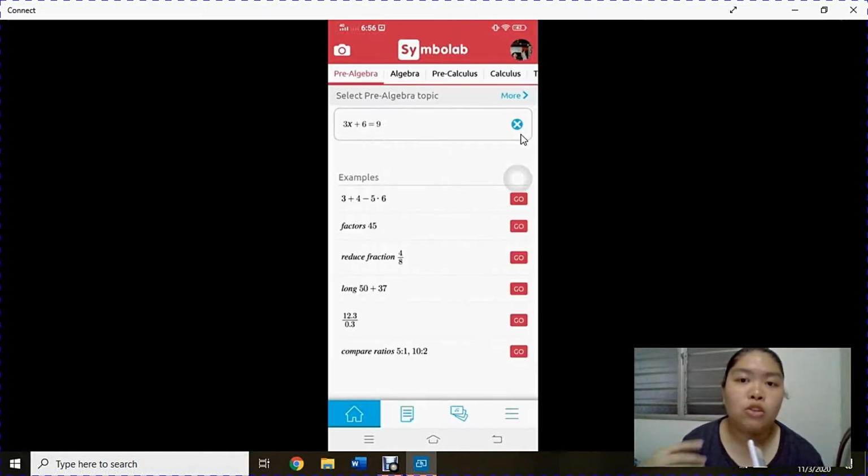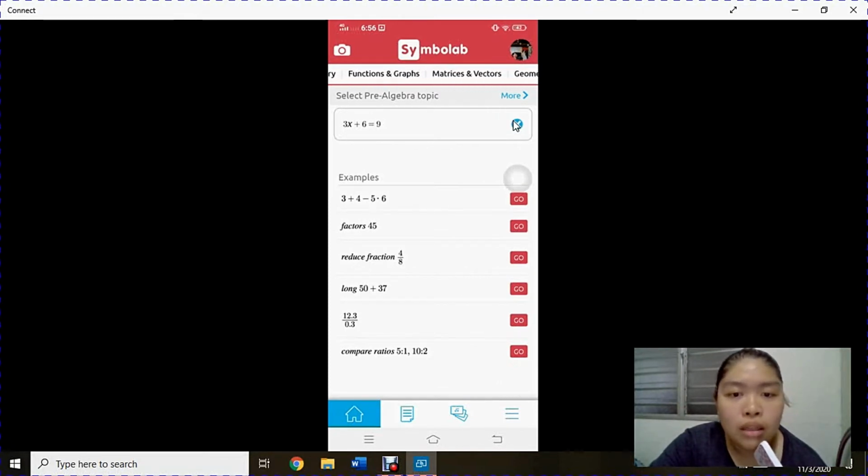Okay, the second thing that I would like to show you is how to differentiate an equation using this SymbolAb application. Okay, now as you can see here, there are so many mathematical topics. So differentiation is on the topic of calculus.